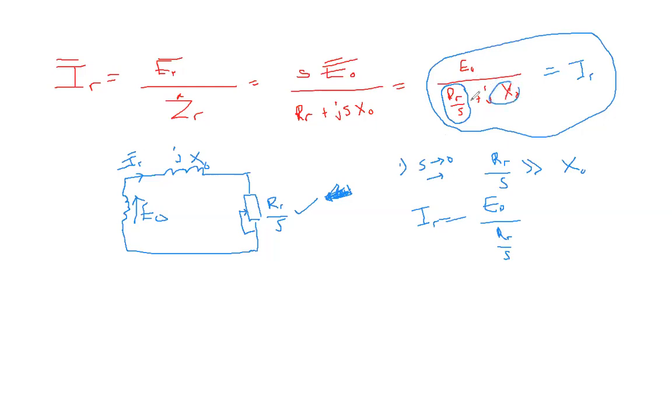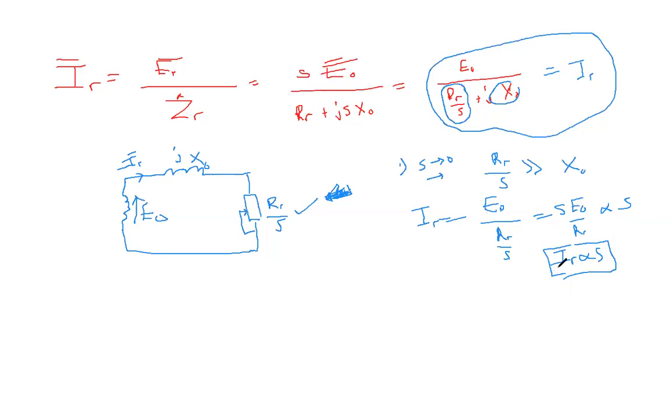Now this is constant, E naught, and RR is also constant. So eventually you will have S E naught over R, and I can say that is proportional to S. So IR will be directly proportional to S.